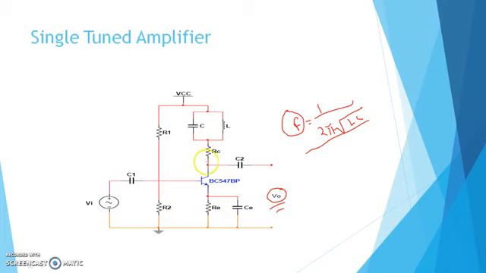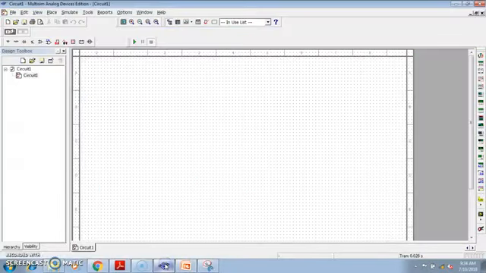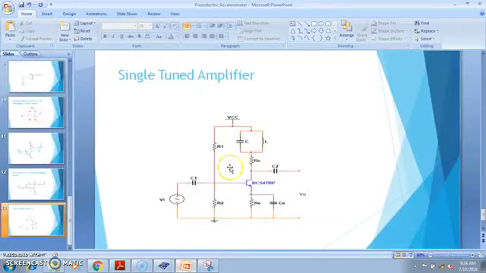Now let us see this in Multisim. I have opened Multisim, and in my previous video I have already discussed from the basics how to make an amplitude modulation circuit in Multisim. So I will use that circuit to make the single tuned amplifier, because see carefully, this is an amplitude modulation circuit.